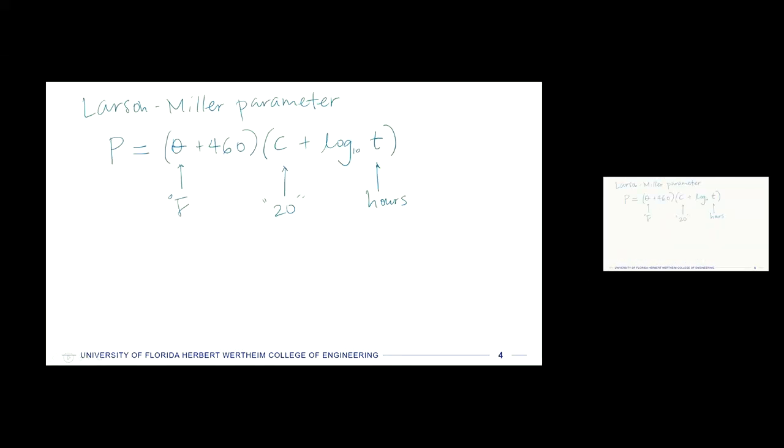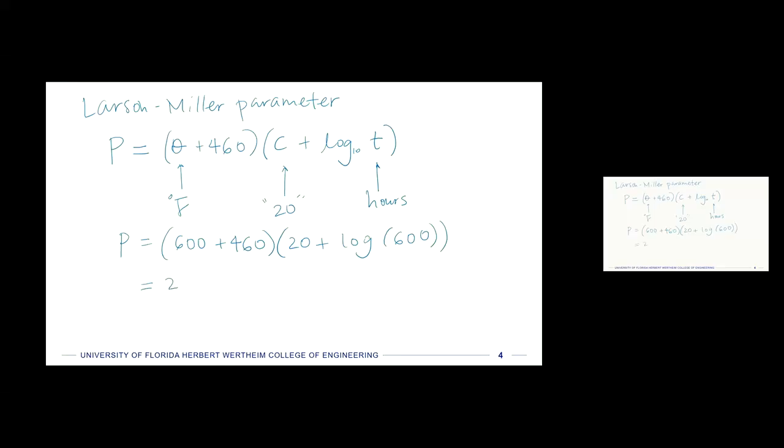Okay, so P is equal to, we had 600 degrees Fahrenheit is our test temperature, plus 460, times 20 plus the log of 600. And so if we calculate that, we just get a number.